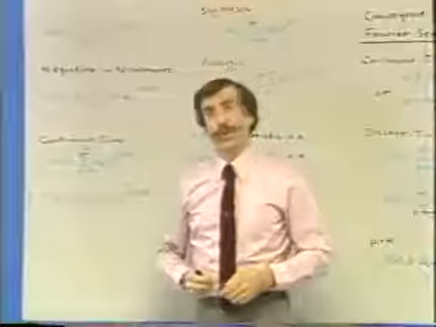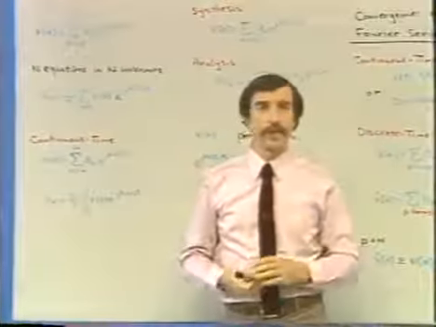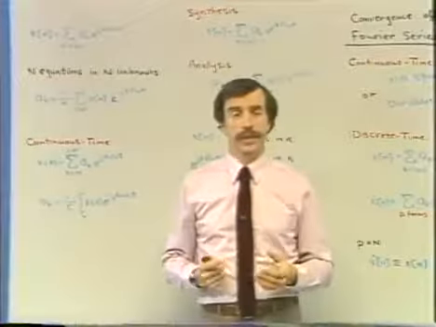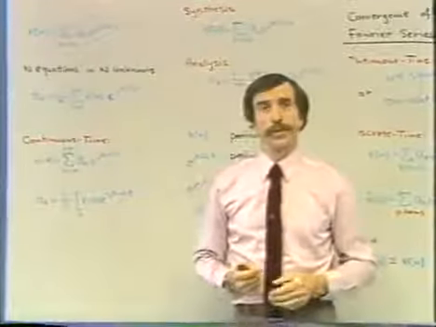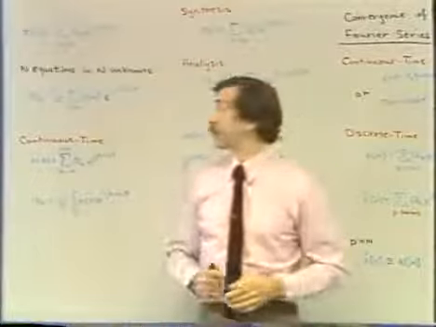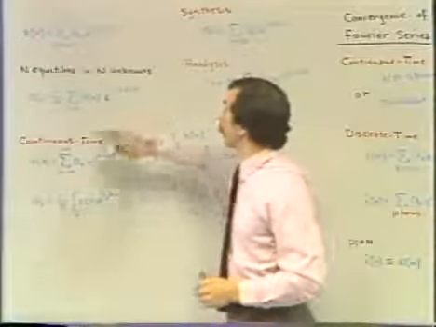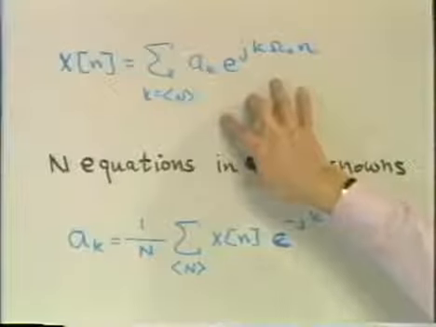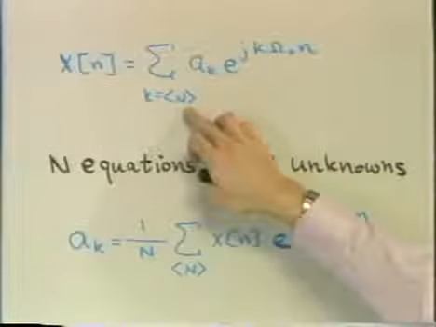And now we can inquire as to how we determine the coefficients a sub k. Well, we can formally go through this much as we did in the continuous time case, and we do that in the text, which involves substituting some sums and interchanging the orders of summation, etc. But let me draw your attention to the fact that this can be thought of as capital N equations in capital N unknowns.